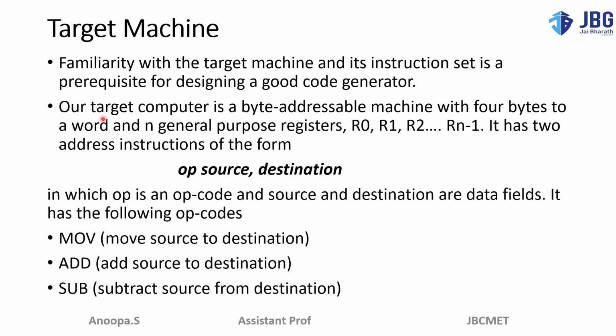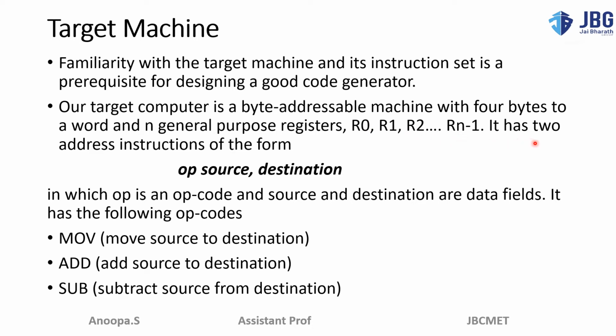So we are assuming that our target computer is a byte addressable machine which represents a word with 4 bytes and has n general purpose registers R0, R1, etc. to n minus 1.